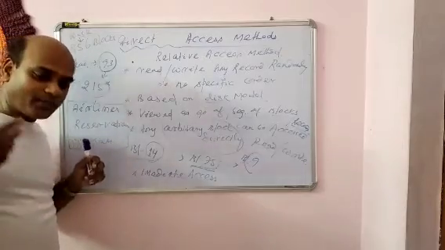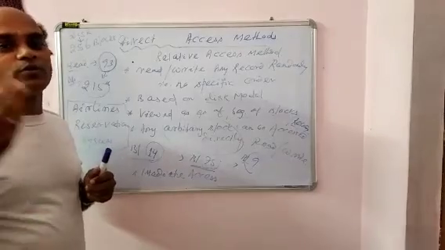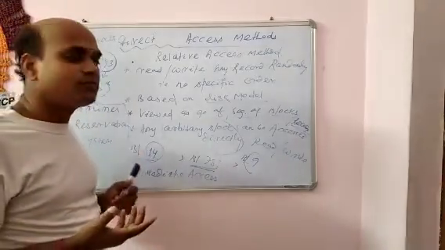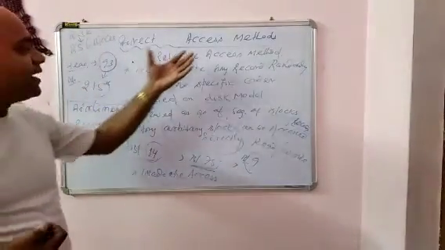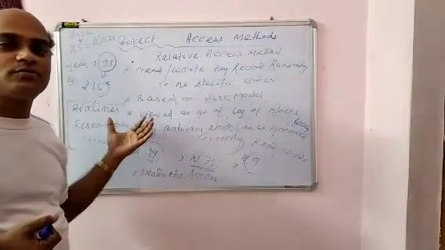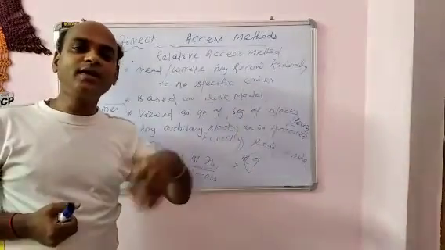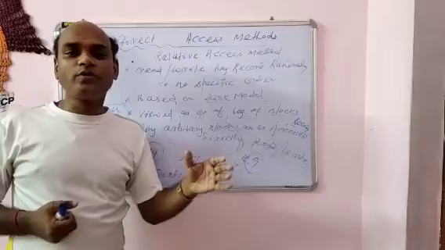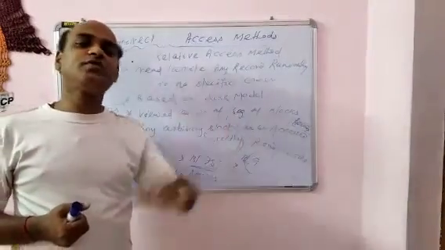Nowadays, the use of online applications is increasing day by day. In online systems, the direct access mechanism is used, as in the online reservation system. Directly we can access any information; there is no need to search sequentially.